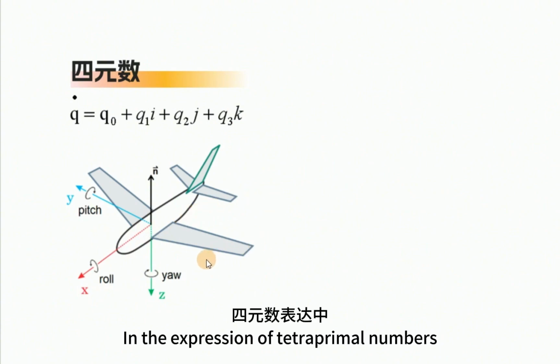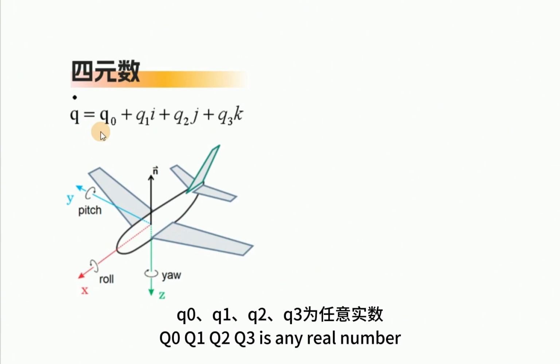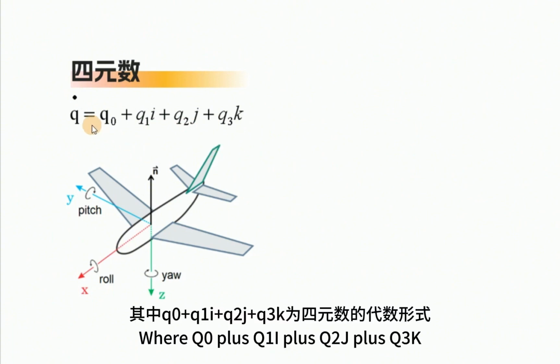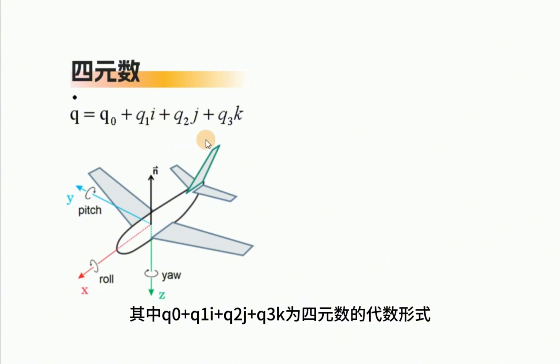In the expression of quaternions, Q0, Q1, Q2, Q3 are any real numbers. i, j, k are imaginary units. Q0 + Q1 i + Q2 j + Q3 k is the algebraic form of a quaternion.